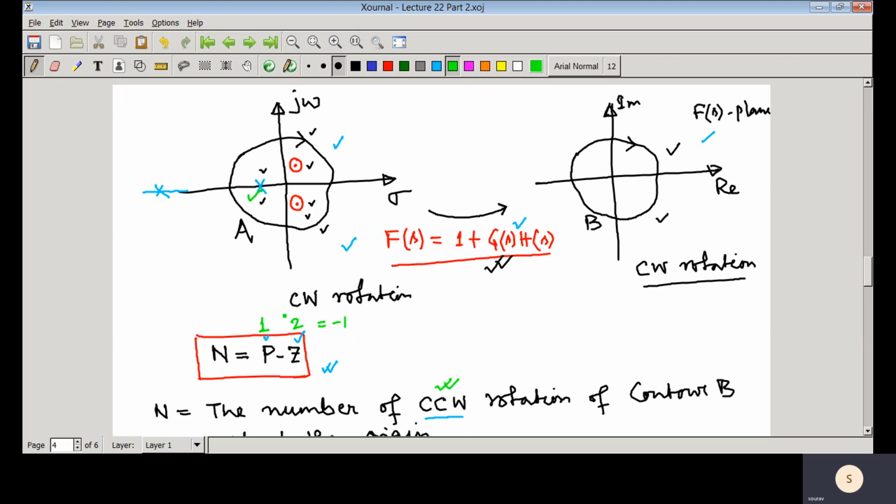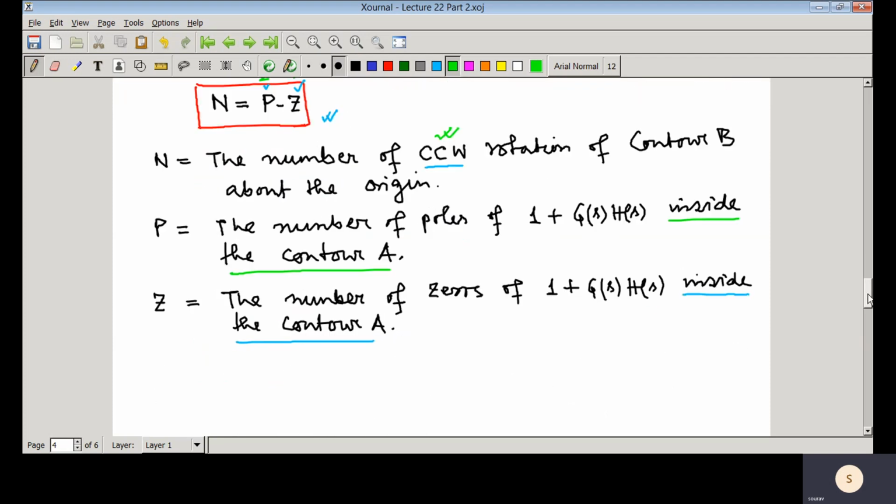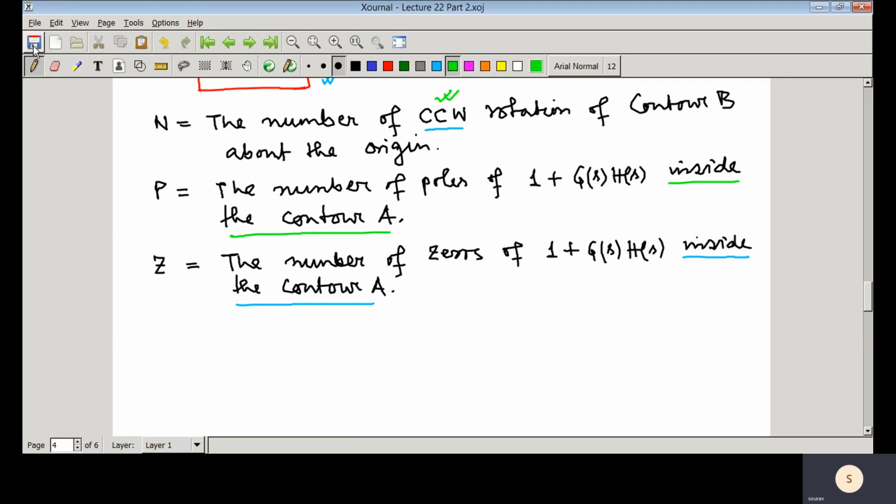If we take the minus of that, that would be the clockwise direction. You can see this is clockwise rotation. So this particular result is known as the principle of argument.